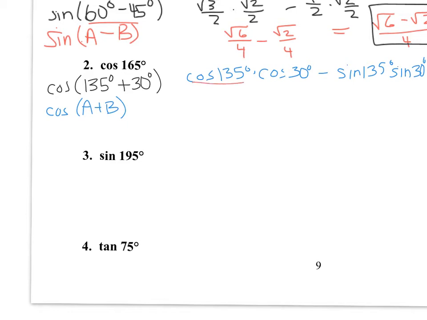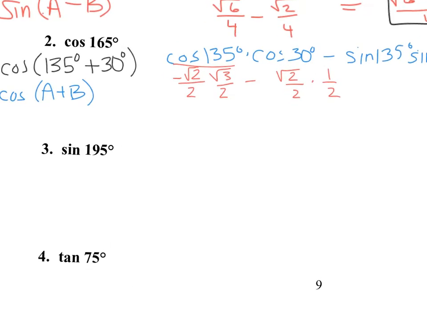That's going to be a 45 degree angle reference, and it's in the second quadrant where cosine's negative. So this is negative root 2 over 2. And the cosine of 30 is the x value at 30, so that's root 3 over 2. Minus the sine of 135, which is positive in the second quadrant. So that's root 2 over 2. And the sine of 30, which is 1/2.